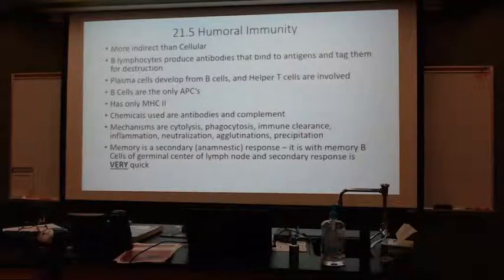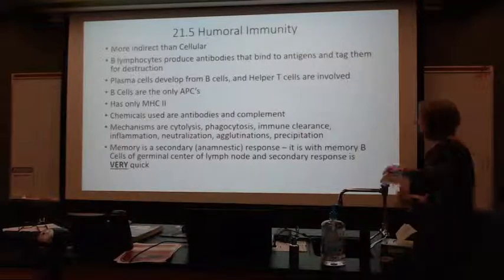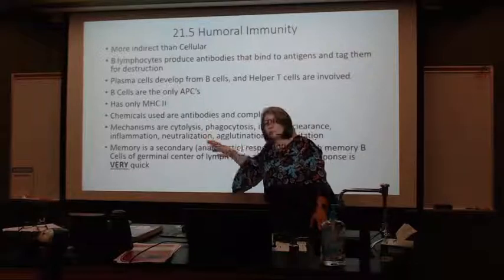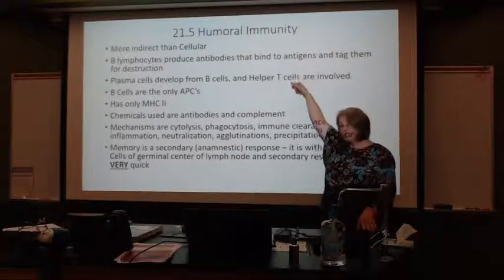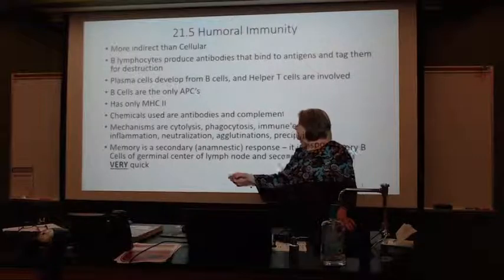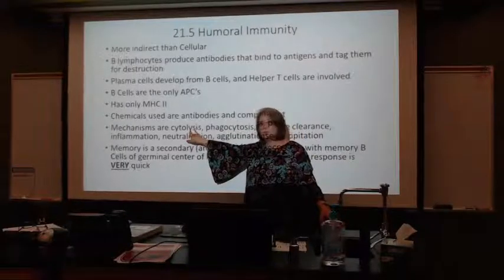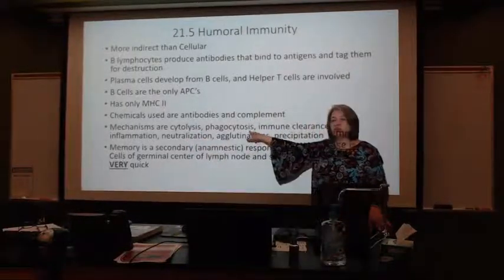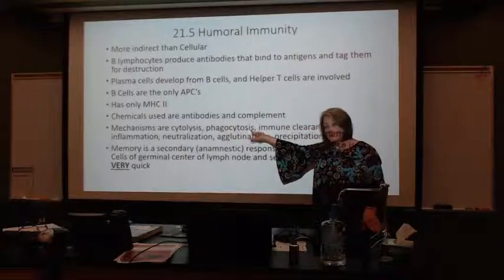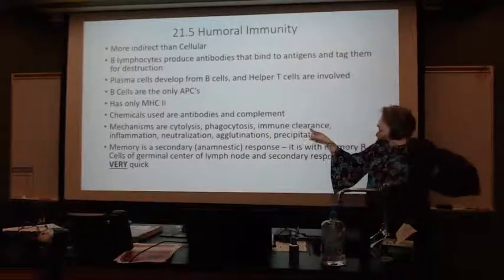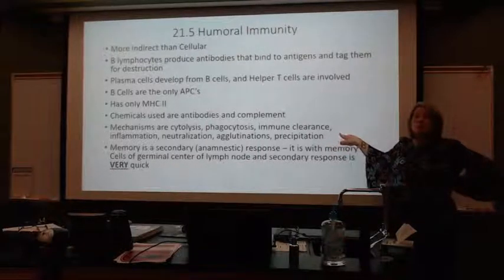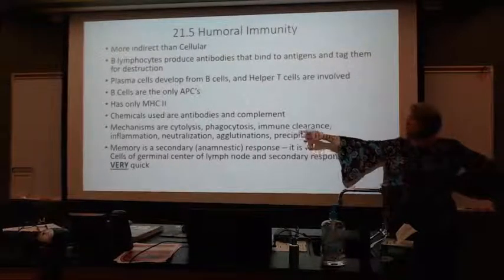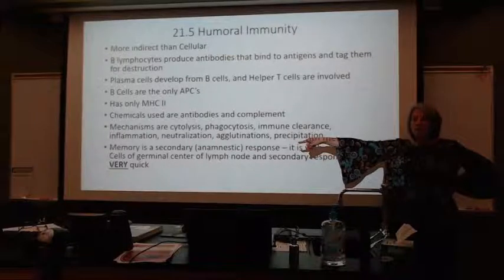So complement will get activated. So the mechanisms for killing the cells by way of humoral immunity: we can burst the cell. We can help macrophages eat the cell, the foreign particle. It can work on immune clearance by way of those immunoglobulins, okay? We can start inflammation.